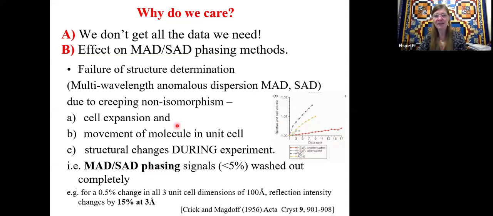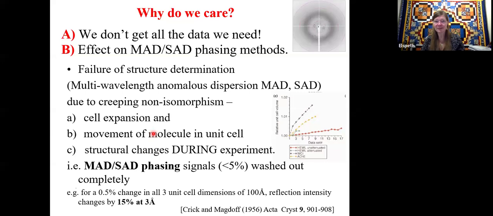In fact, it isn't. These effects completely wash out the signal that we need and stop us solving the structures. As I say, now with AlphaFold 2, that's not as serious as it was even 3 years ago.